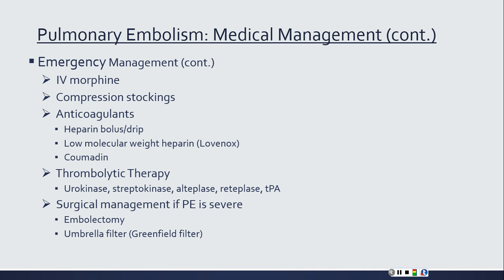Now, after we give TPA, after we give these clot busters, what's going to be in circulation now? Clots, lots of busted clots. Okay, so what do you think we need to do, or expect the physician to do, for a patient that's on these thrombolytic therapies? They're going to be on a blood thinner as well.